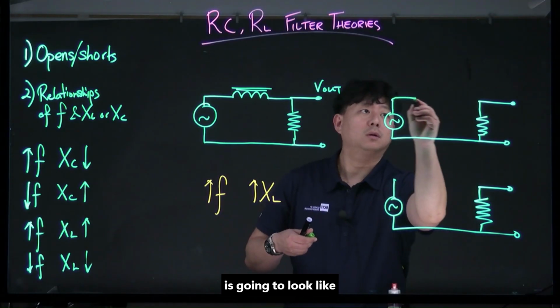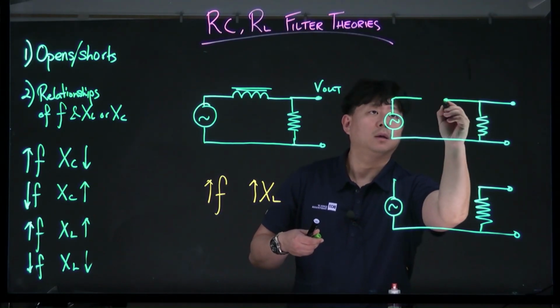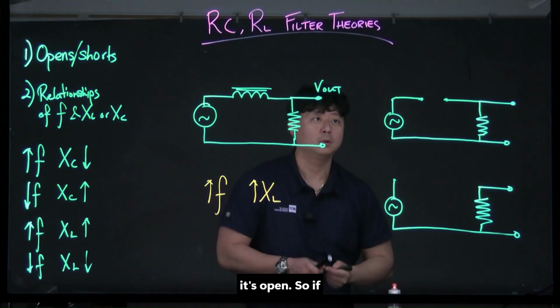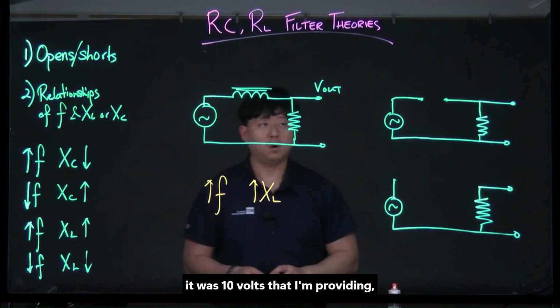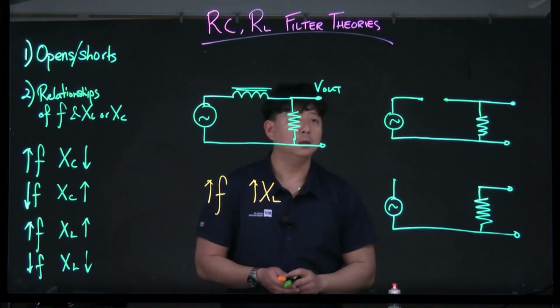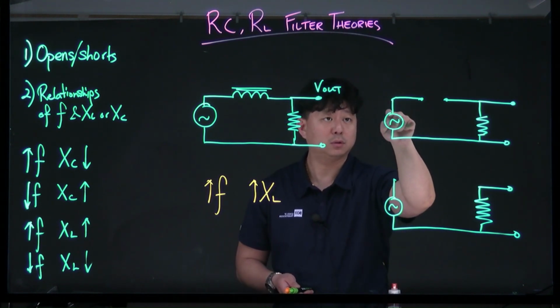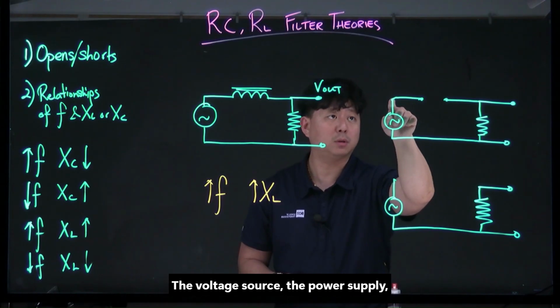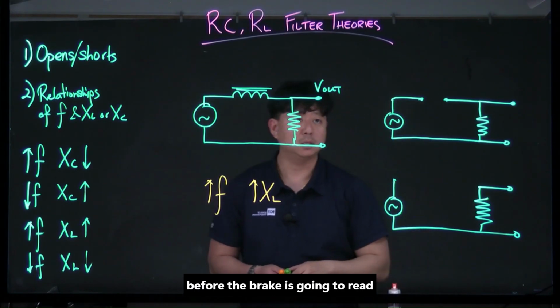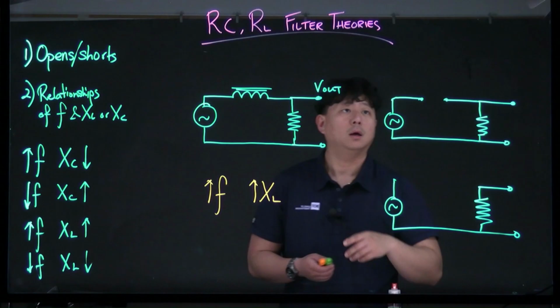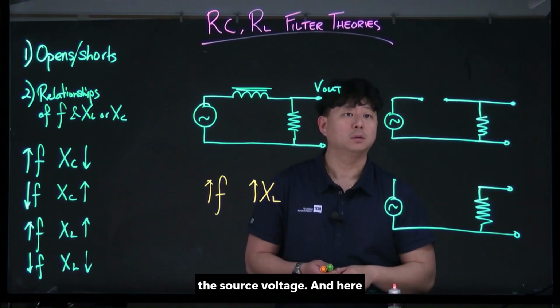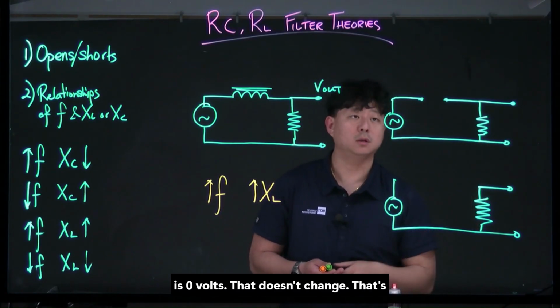It is going to look like it's open. So if it was 10 volts that I'm providing, anything before the break, after the voltage source, the power supply, is going to read the source voltage. And here is 0 volts.